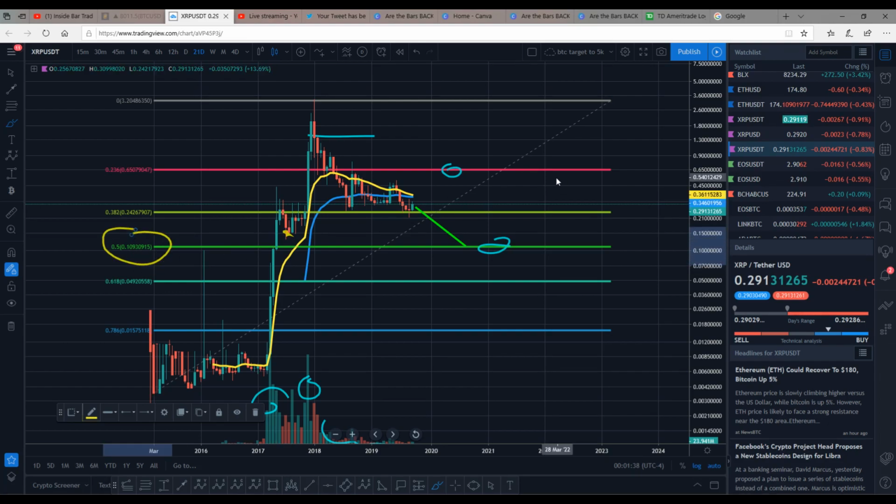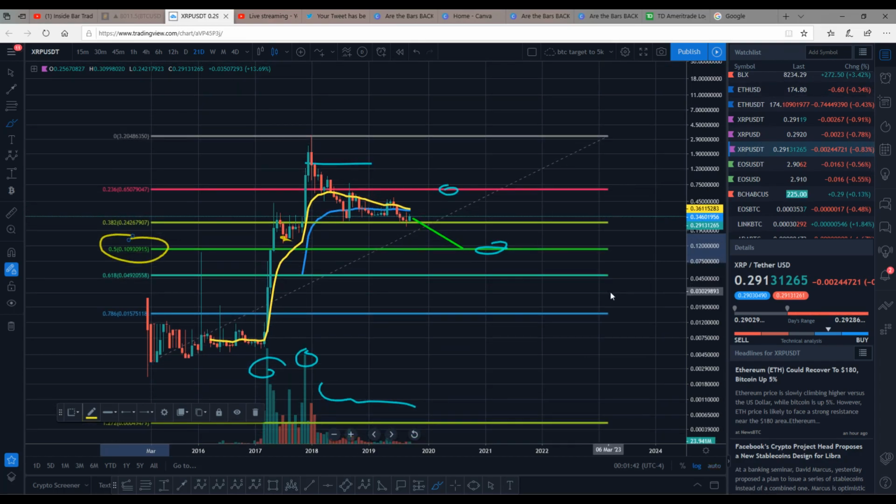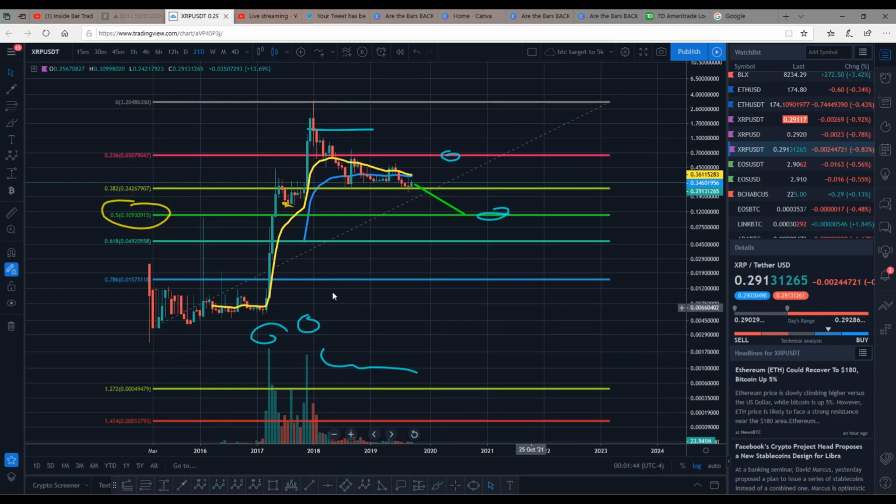The reason why I'm telling you 14 cents to 10 cents is you have to know how to use your fib retracement. If you take a look at this entire move, the previous move from roughly 2015 all the way up to December 2017, we dropped down exactly to 382. Okay, 382 pullback.